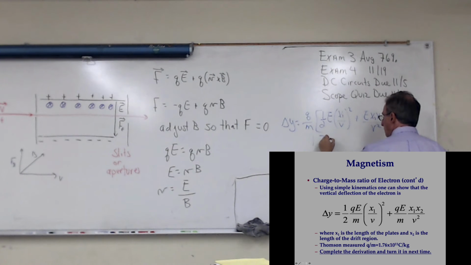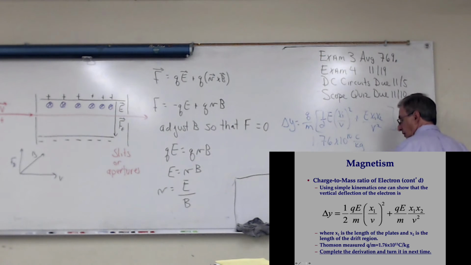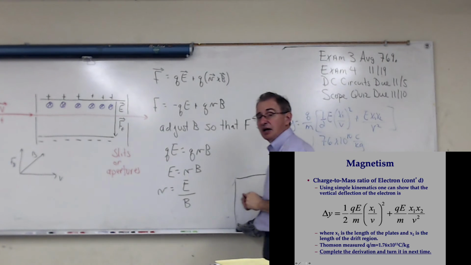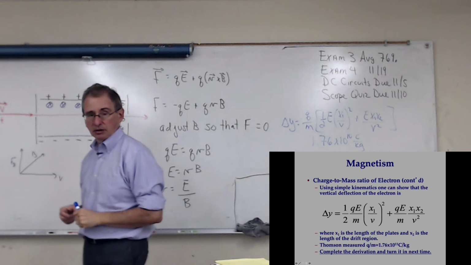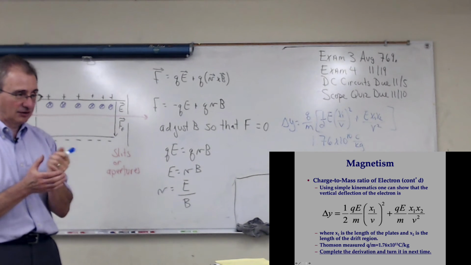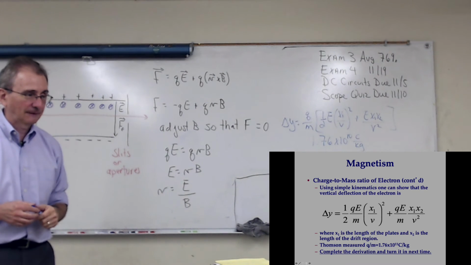And he was able to get 1.76 times 10 to the 10th coulombs per kilogram. Millikan later was able to actually measure the charge of the electron and showed that charge is discrete.